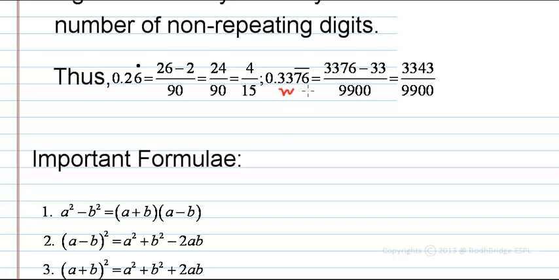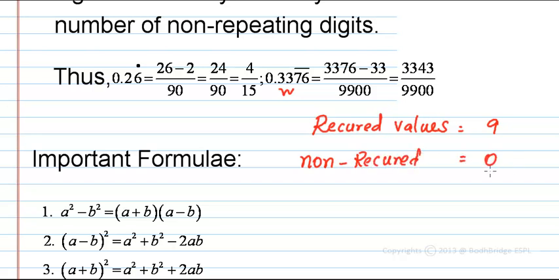Two values that are recurring, you place 9, 9, and two values that are non-recurring, you place 0, 0. So, I write it here: recurring values are placed with 9, and non-recurring values are placed with 0.